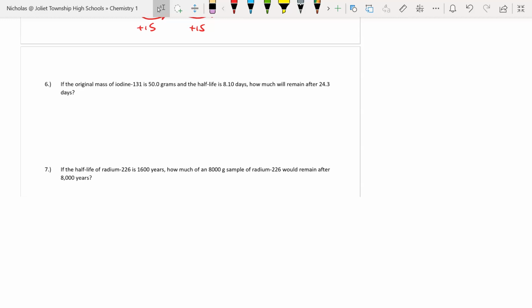I've written the half-life equation out a couple times, so I'm just going to go ahead and plug in what I know here. I know for my half-life equation, I always need to start out by finding my n value. So n is the time passed, which in this case tells me is 24.3 days. And my half-life is 8.10 days.